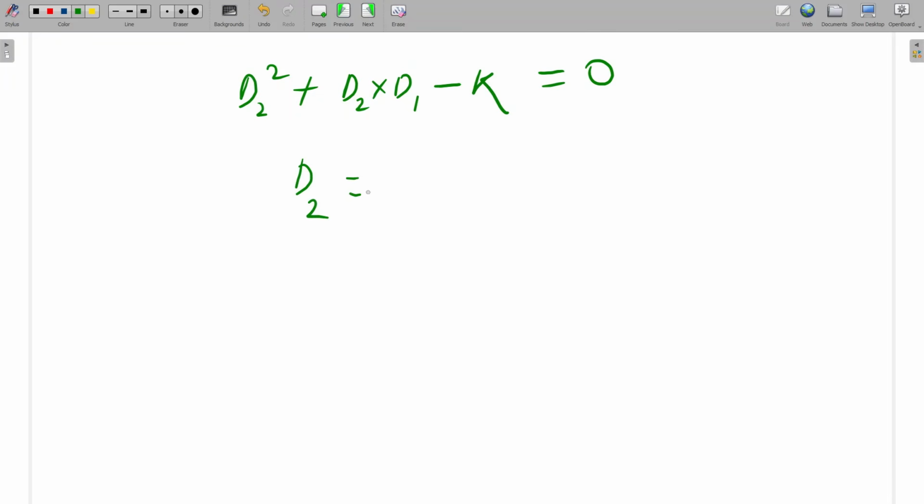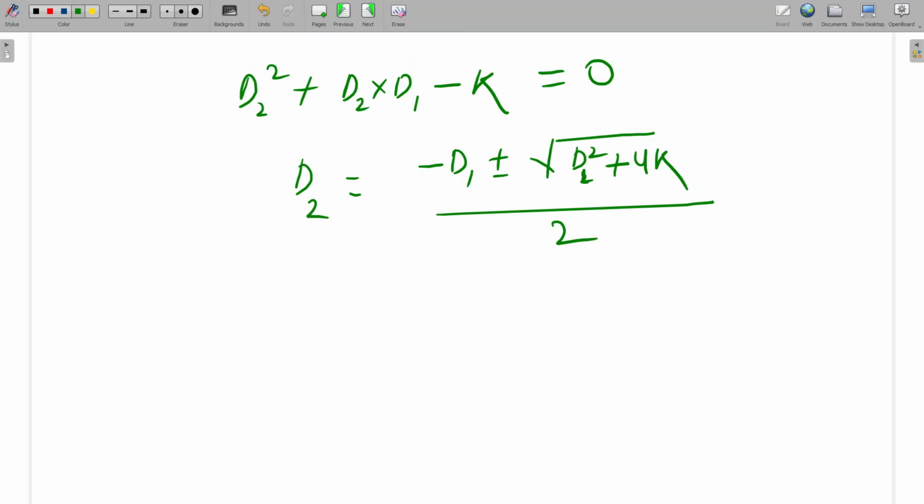So d2 will be minus d1 plus minus square root of d1 square plus 4k, by 2. Is it clear to all? The value of d2. Can anyone reply? Is it clear?